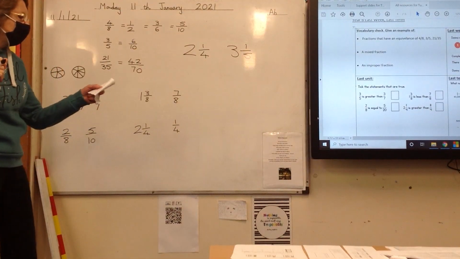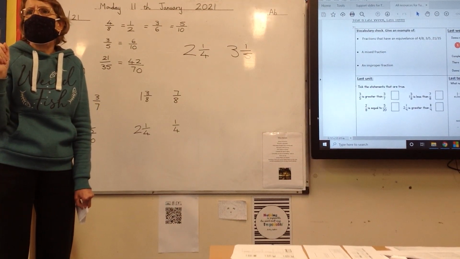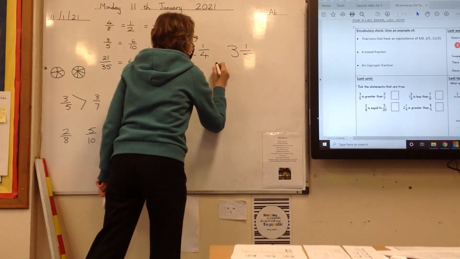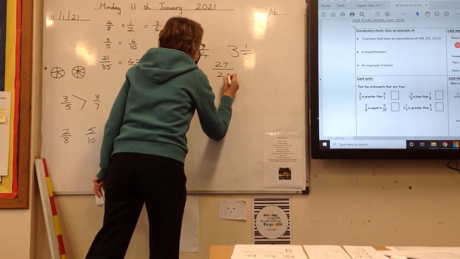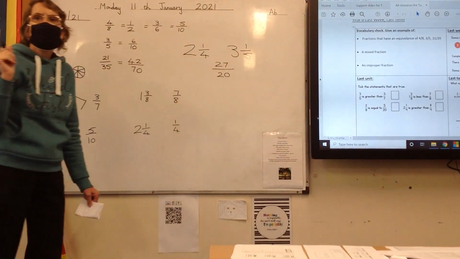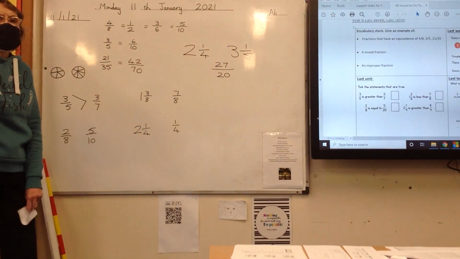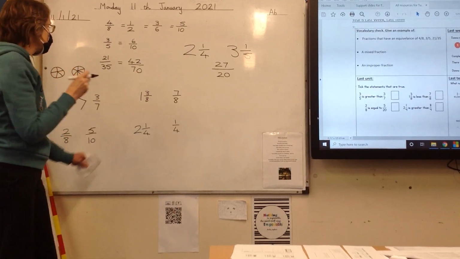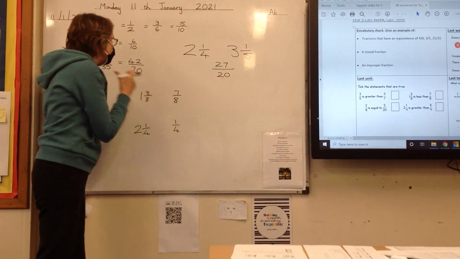What's an improper fraction? Where the numerator is bigger than the denominator. Good. Where the numerator is actually bigger than the denominator, so 27/20. Yeah? So the numerator is actually bigger than the denominator. That's an improper fraction.